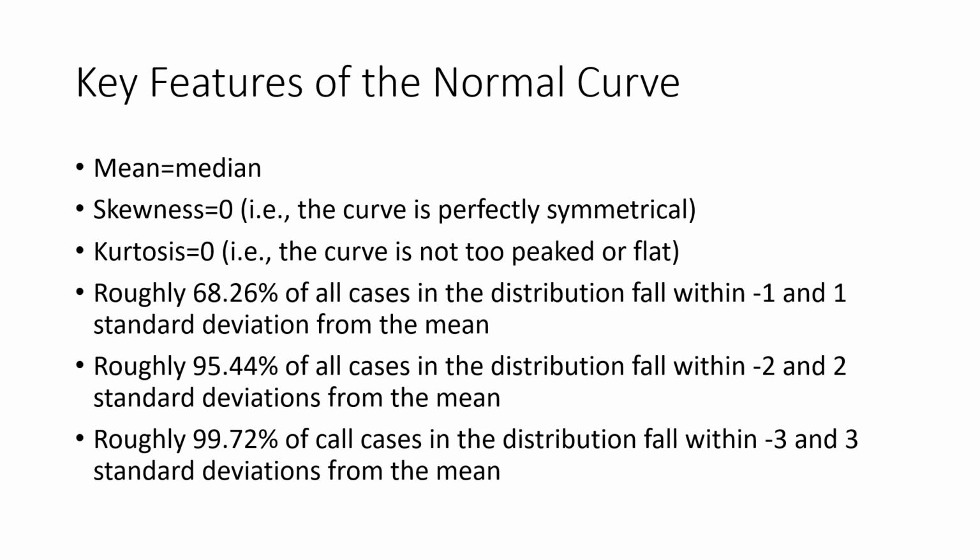When we extend that to -2 and +2 standard deviations from the mean, we get an even bigger number. So 95.44% of all cases fall within those standard deviations in that distribution. And lastly, if we expand to -3 and +3 standard deviations, we can assume that roughly 99.72% of all cases fall within that range.